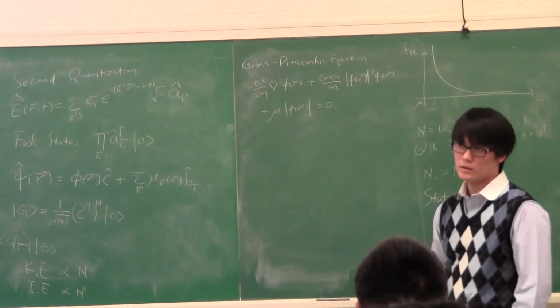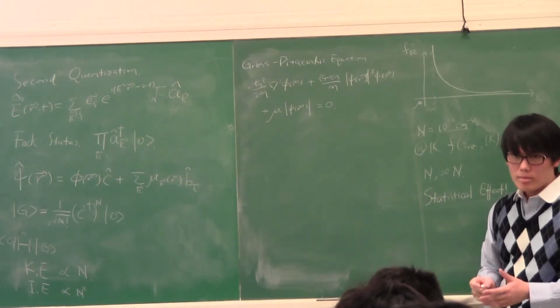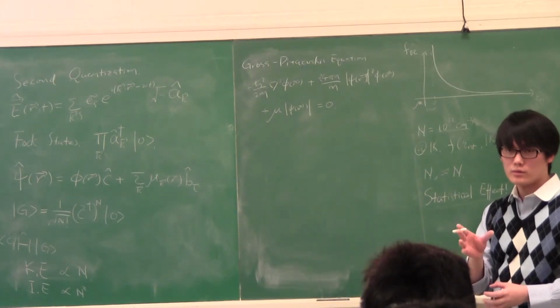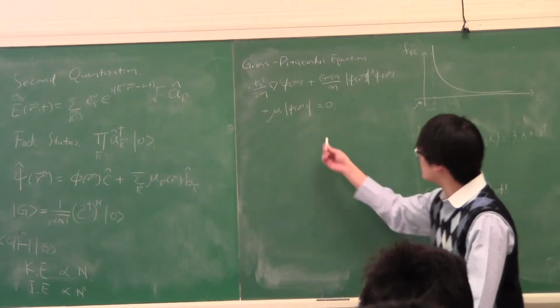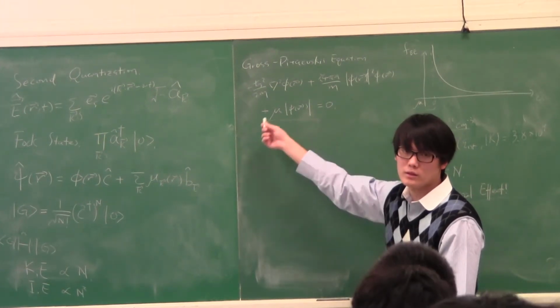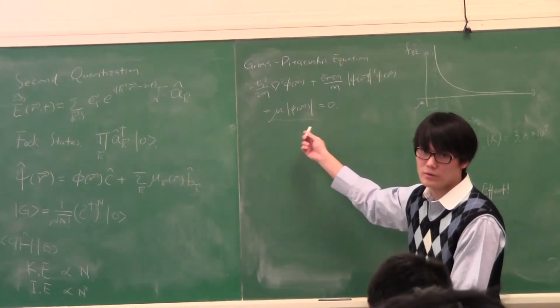Okay, so this is the Gross-Pitaevskii equation. It looks just like the Schrodinger equation, except that for the potential part, we have some special things. Okay? So this one comes from the chemical potential, okay? And this one is here to require the conservation of the number of particles.